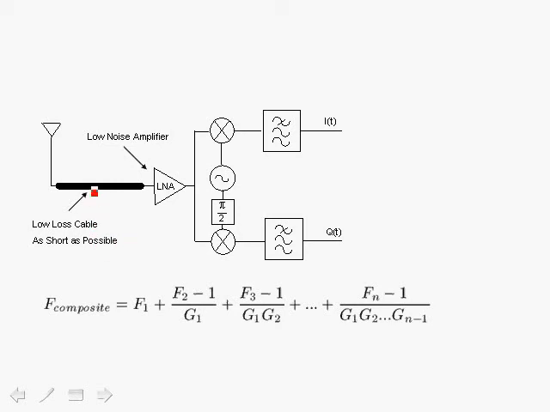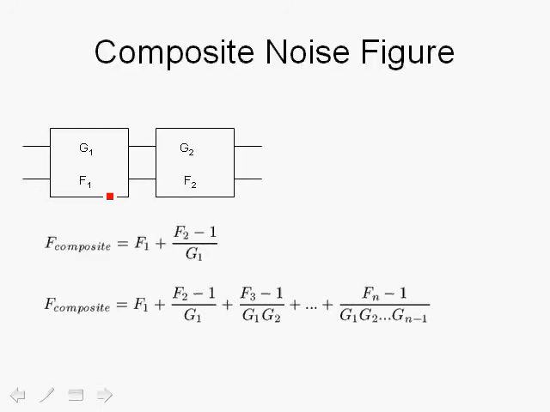The reason that this cable should be, first of all, very short, and second of all, have very low loss, is the fact that if you have loss in the first stage, then G1 would be less than 1, then 1 over G1 is actually an amplification of all the noise in the rest of the chain. So it's imperative to have no loss or very little loss at the first stage of your receiver.